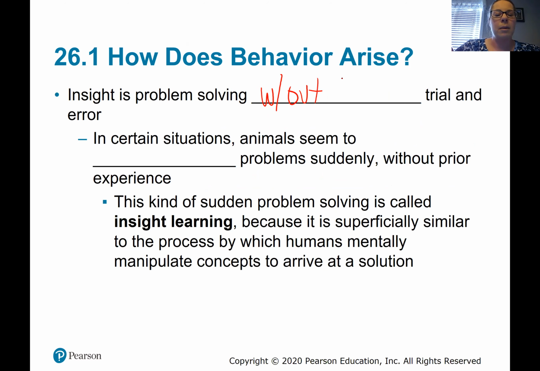It's where you're presented with a problem that you haven't experienced before, and you have to use your insight, use your intellect, to figure out how to deal with that problem. So sometimes animals seem to suddenly solve problems without any prior experience. And like I mentioned, it's how humans would use concepts to come to a solution, or I would call it critical thinking.